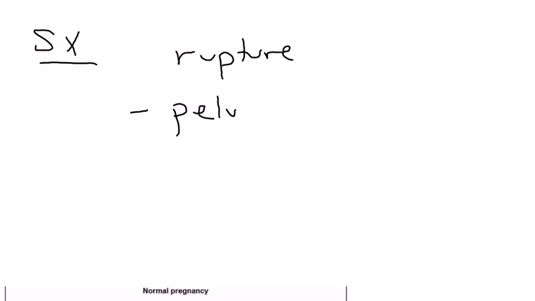So let's talk about the symptoms. Well, most of the time when a woman has an ectopic pregnancy, there are no symptoms until the rupture occurs, and the symptoms vary. But if there is a rupture, the symptoms will include pelvic pain.